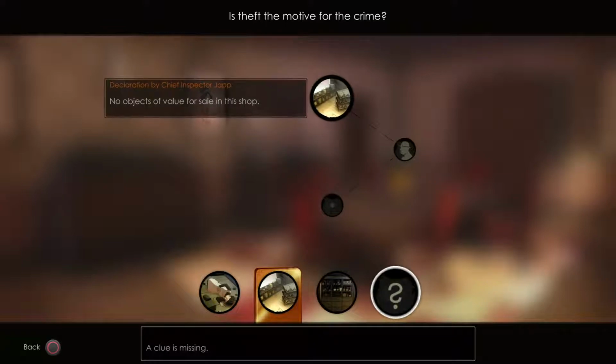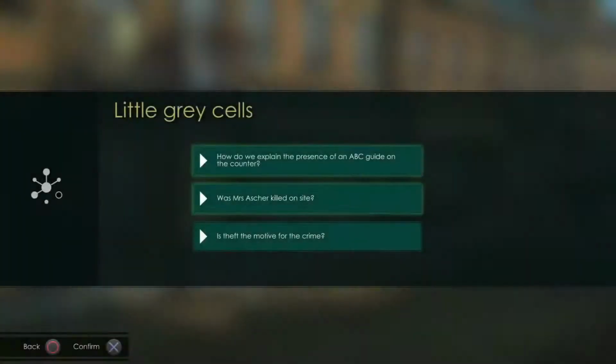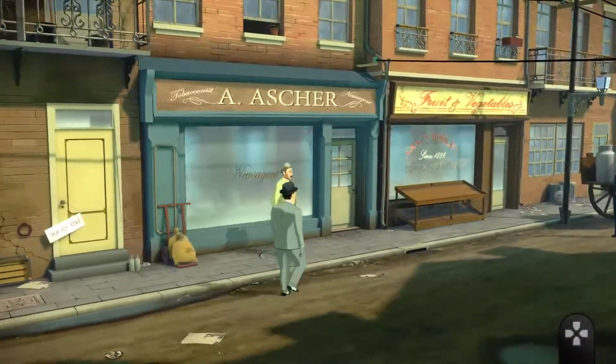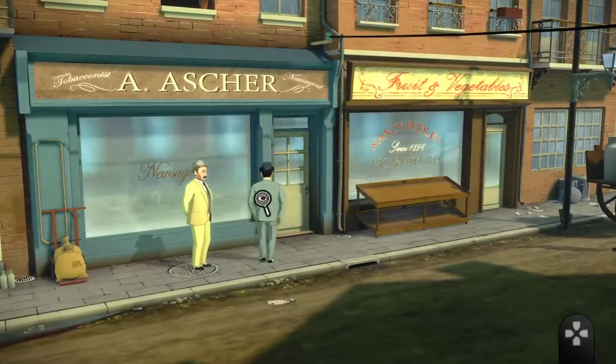A clue is missing. Okay. Let's go back. We must have missed something in the shop. Can we get to that back room now?